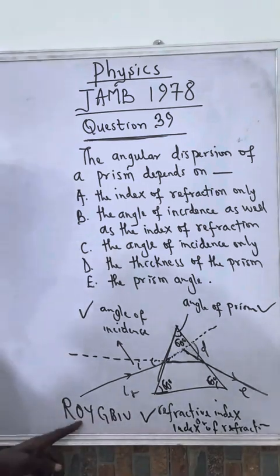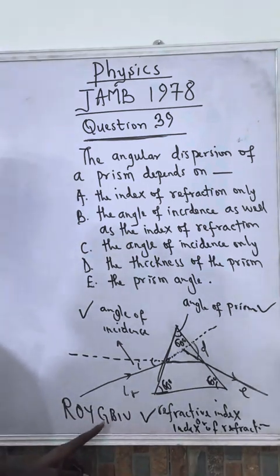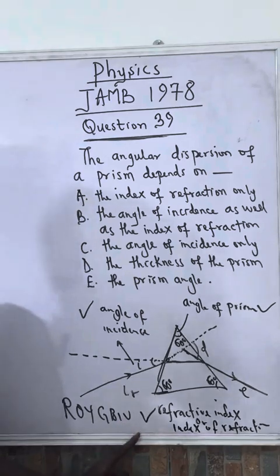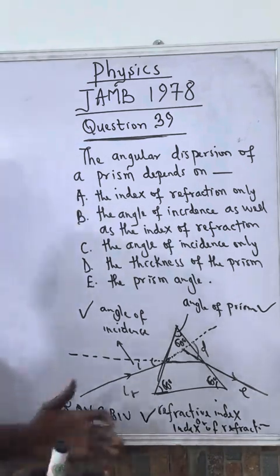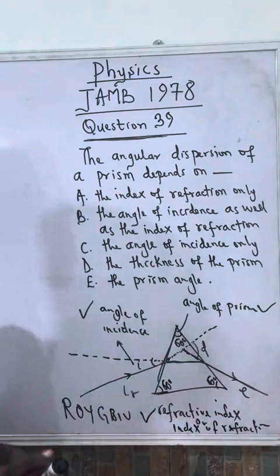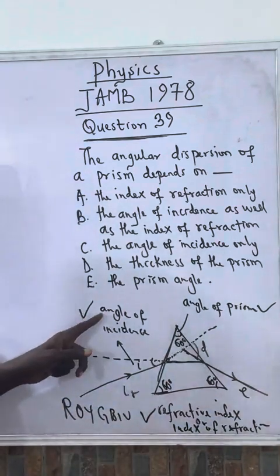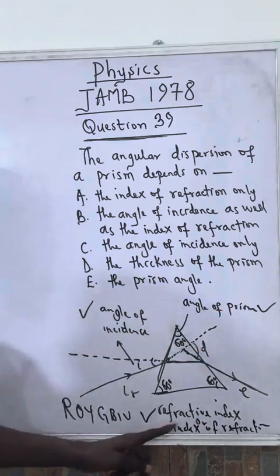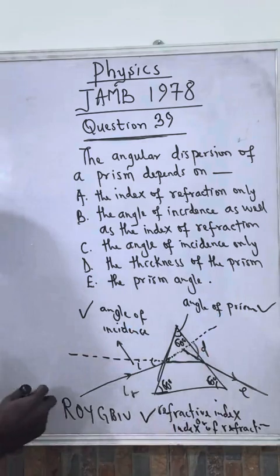Orange is the next, yellow is the next, then green. After that, we have blue, indigo, and violet. Depending on the wavelength, the color also matters, so that means 4 things now: first, angle of prism; second, angle of incidence; third, refractive index; and then the color itself.